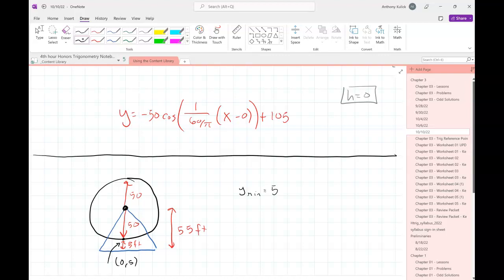To match the words in the problem, I should have my picture here. And that's the issue. So where's my midline here? 55.